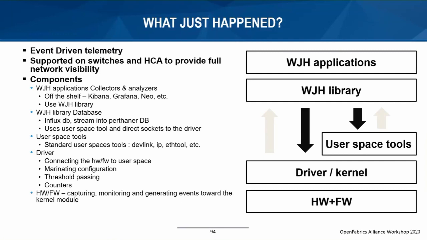It is divided into some blocks. The two blocks on the bottom are part of Linux. So we have the hardware and firmware, which is our device. On top of that, in the driver and kernel, we have devlink. In devlink there is a command, devlink trap.